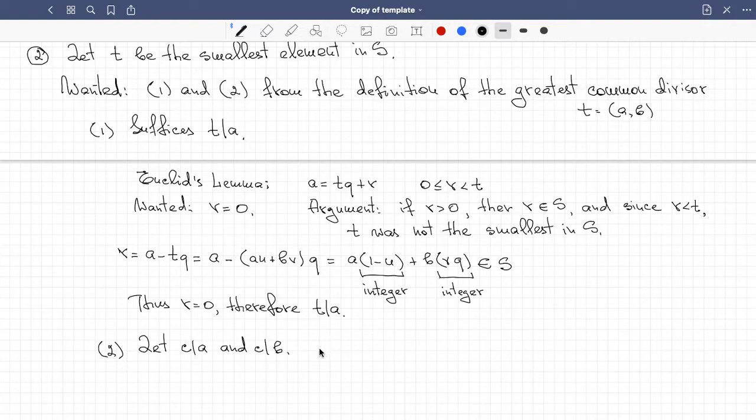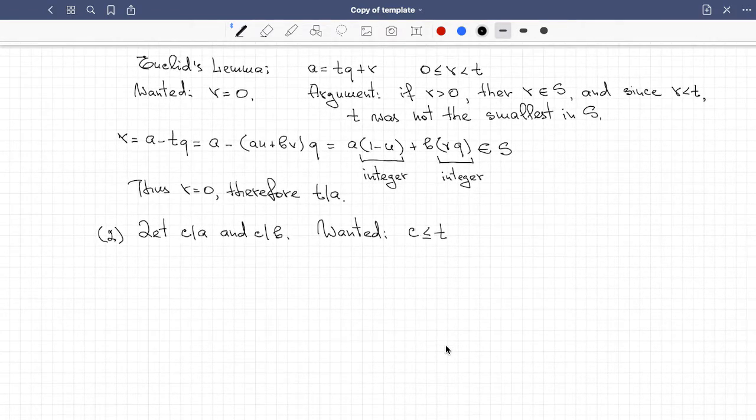We want to prove that C never exceeds our T. What is going to be proved is a stronger statement.